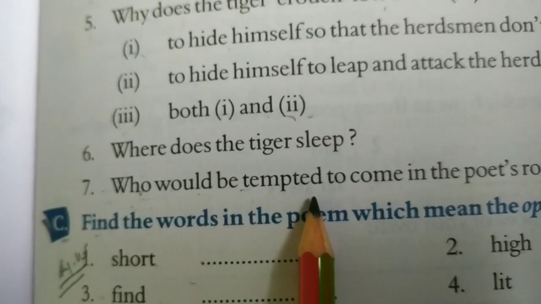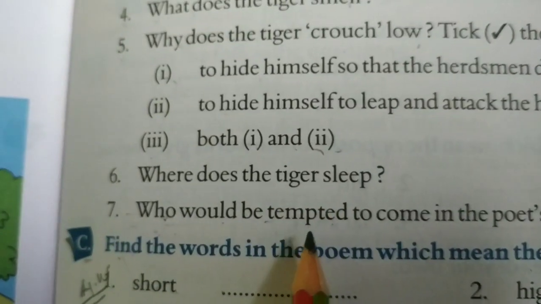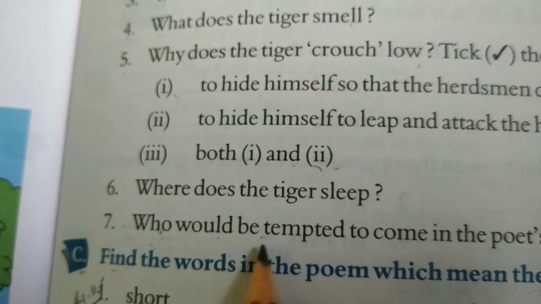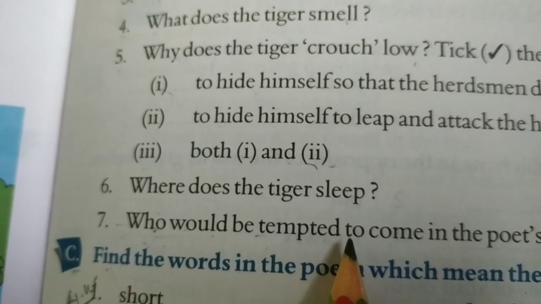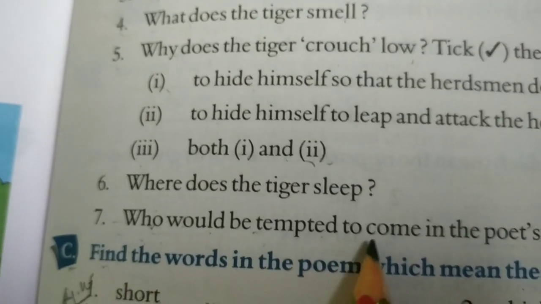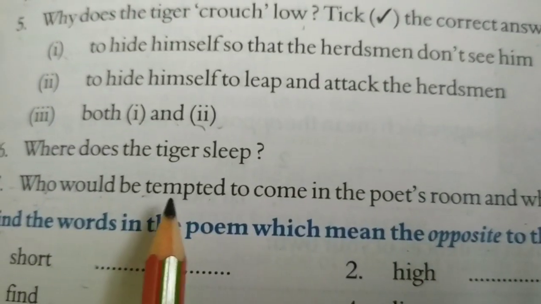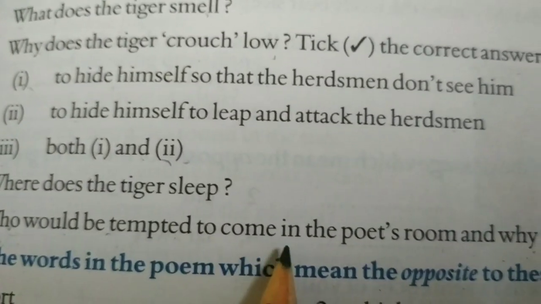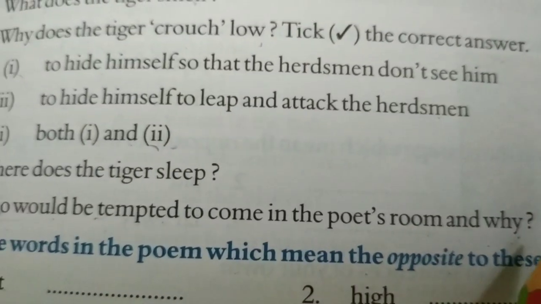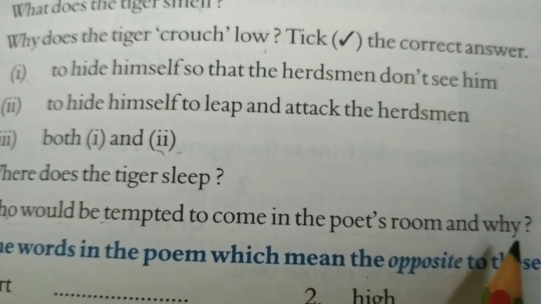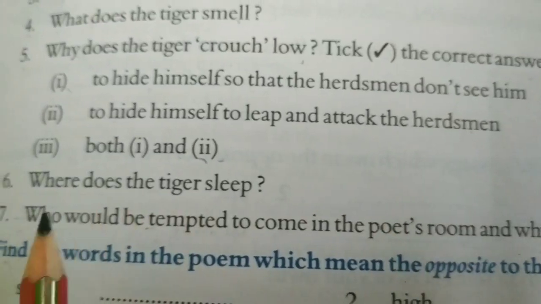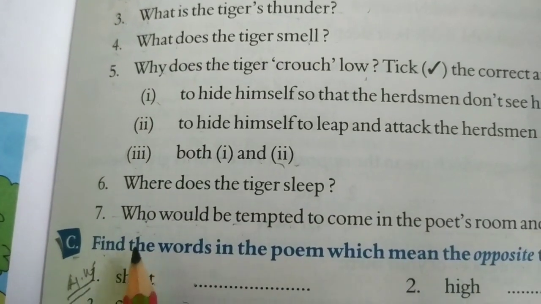Who would be tempted? The tiger. The poet said, right, that the tiger would be tempted to come into my room in search of a meal. So the tiger would be tempted in the poet's room in search of a meal, right? So you are going to answer that.